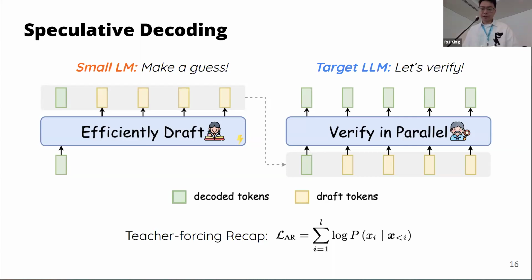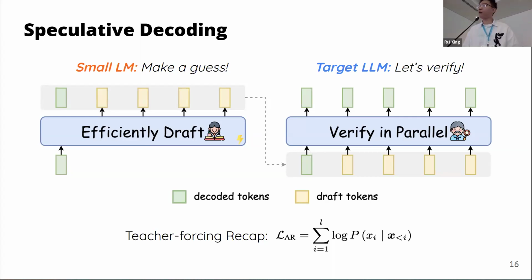And then the target large language model, meaning the model we want to accelerate, for example Llama 70 billion, will verify all the draft tokens, the 4 yellow ones, in parallel in a single forward pass.